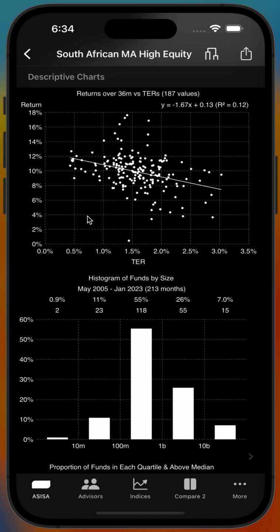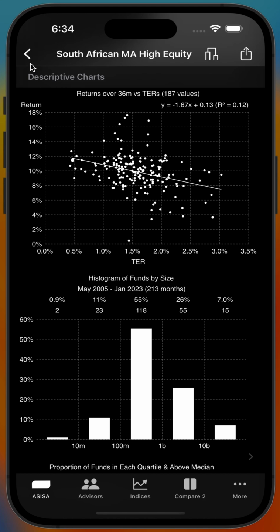And even though there is a relationship here, it's by no means accurate that the cheapest funds, typically the passive funds, are giving you the best returns. I mean, you've got a whole bunch of funds here that have given you much higher returns than these cheap funds, and you've got a cheap fund that's fairly low. I mean, it's probably below the average in terms of return, but it gives you an indication of this relationship.